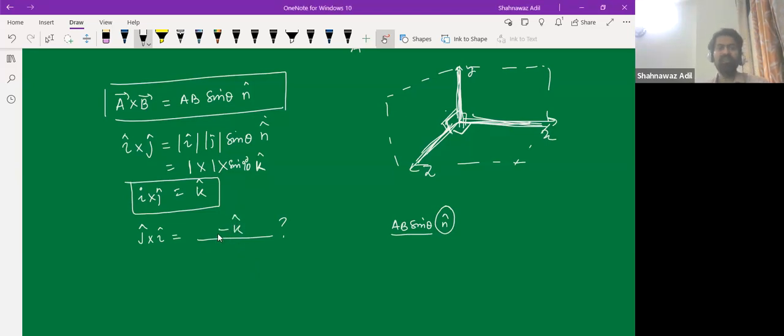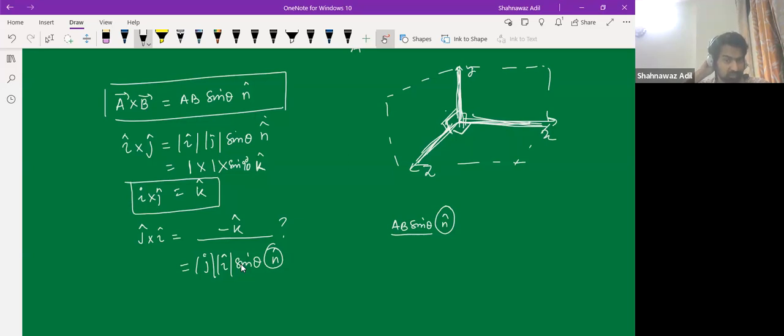But if we apply this, think of it like this. How do you get this? So the magnitude part would be magnitude of J, magnitude of I, sine of theta. N hat we want to find out. Sine theta is 90, so all these things are how much?